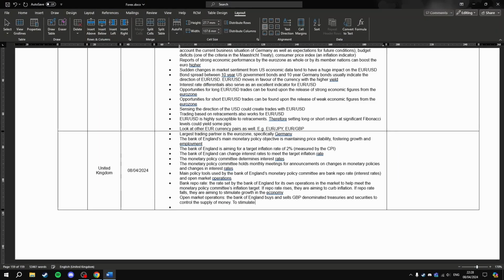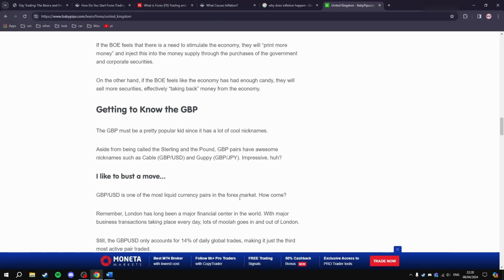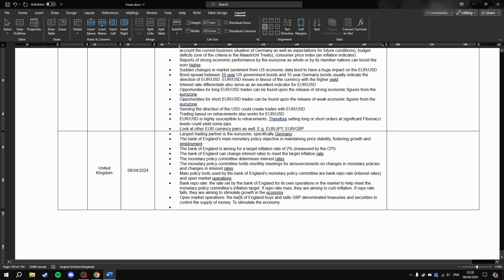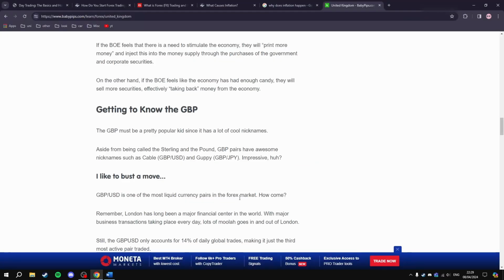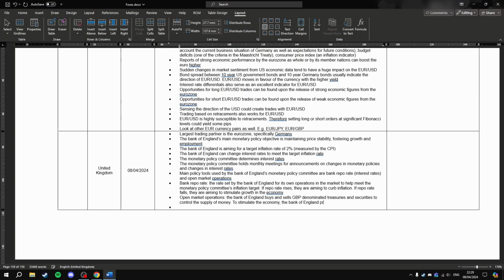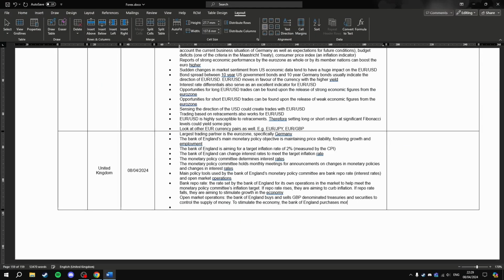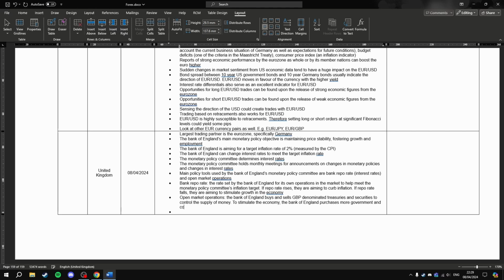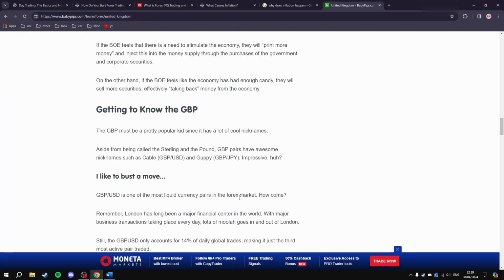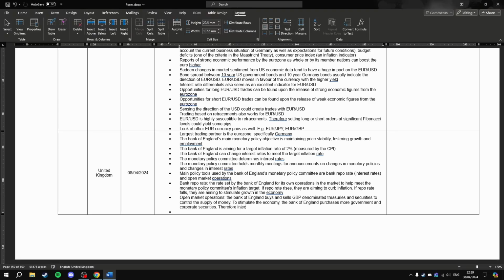To stimulate the economy, the Bank of England purchases more government and corporate securities, therefore injecting more money into the economy.